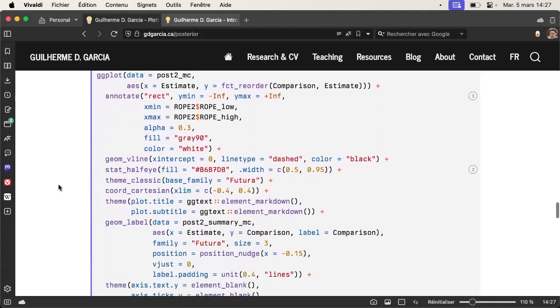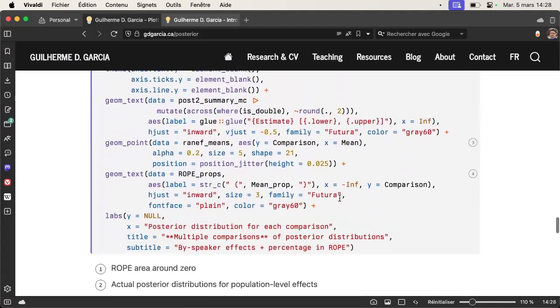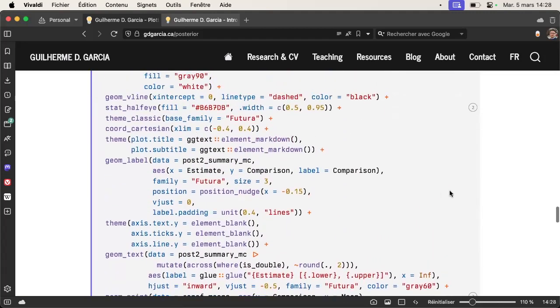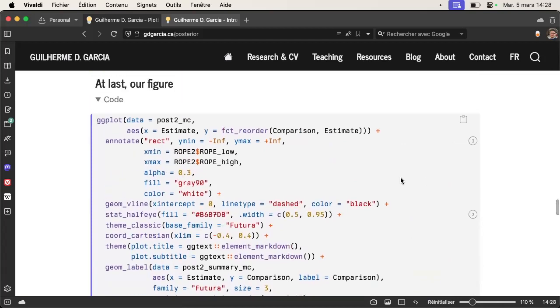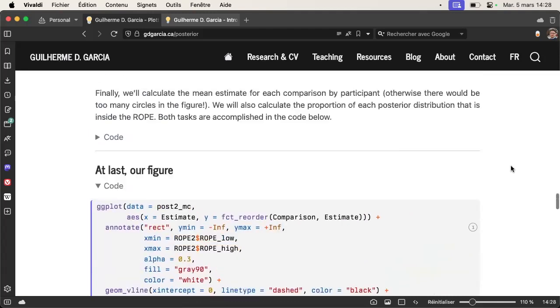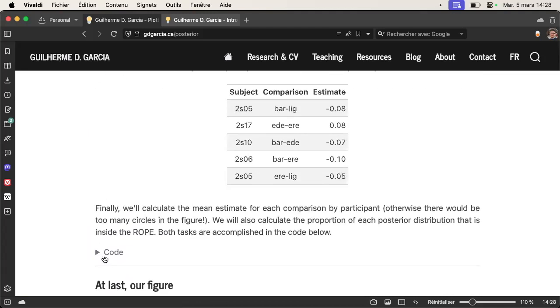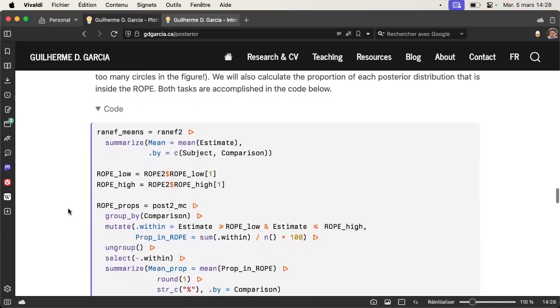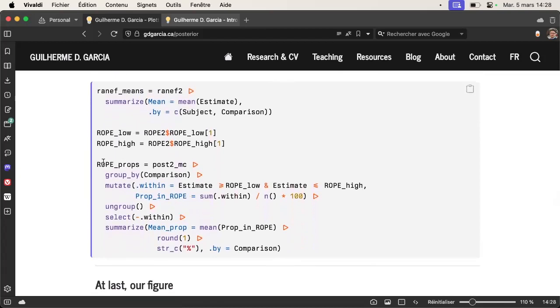So the figure involves a lot of different steps, but it's easy to scale up, basically, because the variables here are all just related to this part here. So this is extracting the region of practical equivalence, the 2 points, and this is calculating the percentages within versus total.